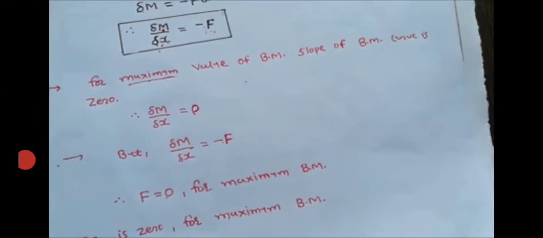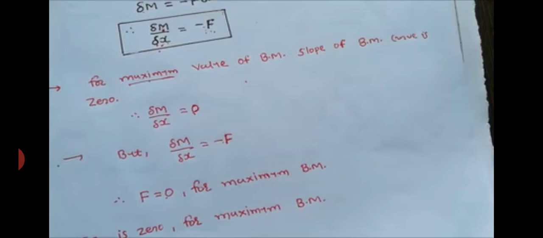So from here delta M by delta X is equal to minus F. What does it mean? It means that the change in moment divided by the change in length will be equal to minus of shear force. Similarly, you can also imply that for maximum bending moment, the slope of the bending moment curve is 0.